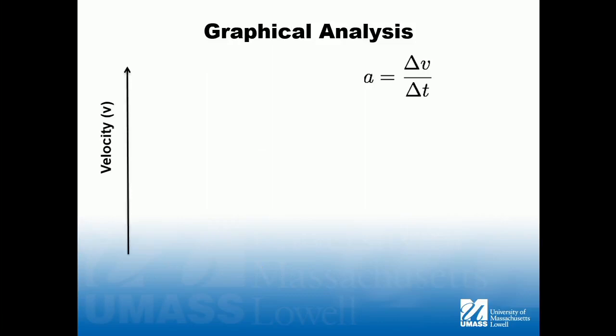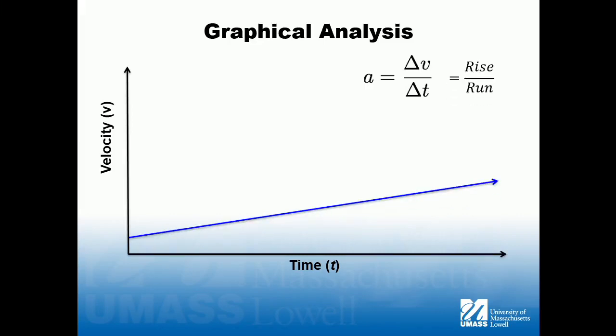Now, since acceleration is defined as delta v over delta t, if I plot velocity versus time, the slope of this graph is the acceleration. So this is an object that's moving with a non-constant velocity. If you look at v versus t, that graph is not horizontal. So at different instants of time, this object has different velocities, which means it has a non-zero acceleration.